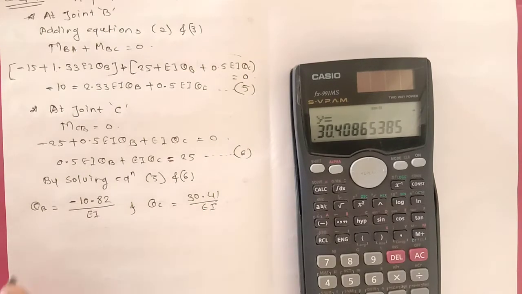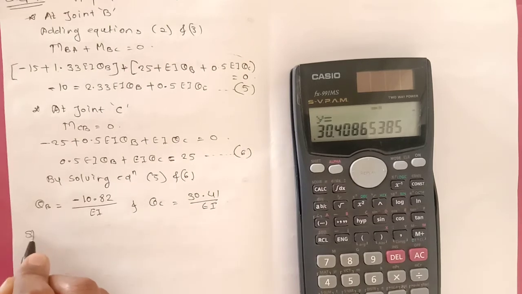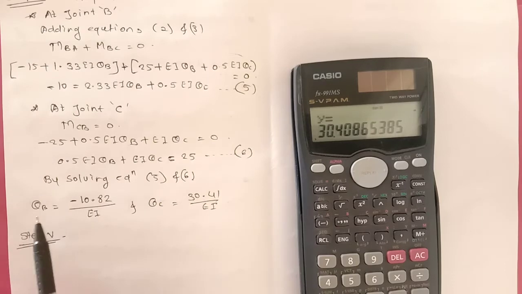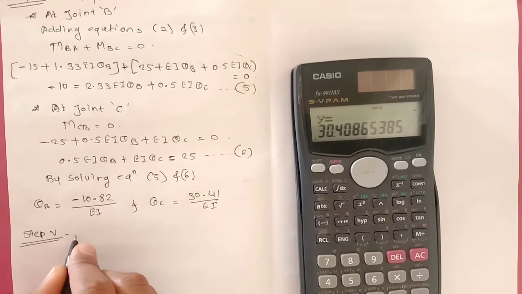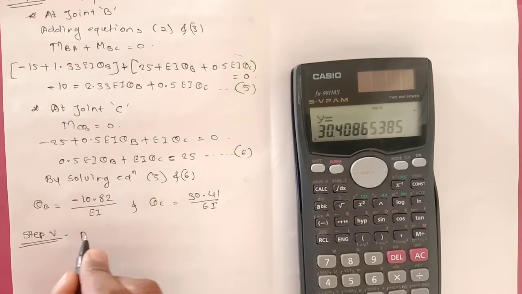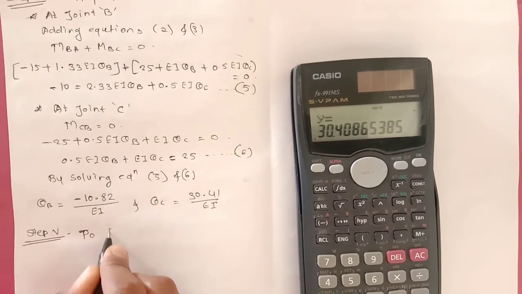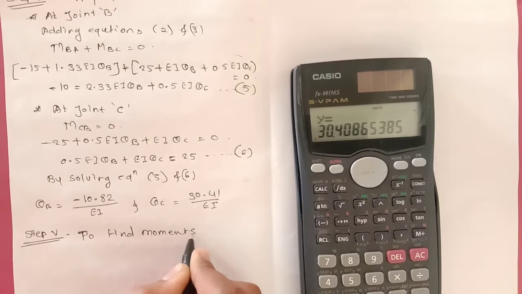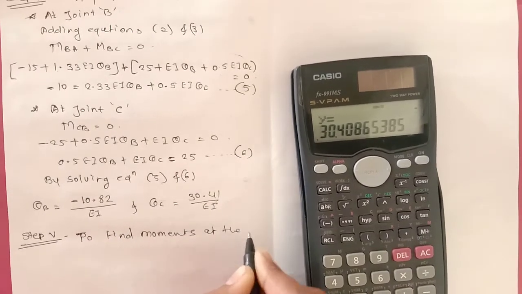Okay, then next, step number 5: put these values of theta B and theta C in equations number 1 to 4, so we get the values of end moments. So the fifth step is to find moments at the ends.